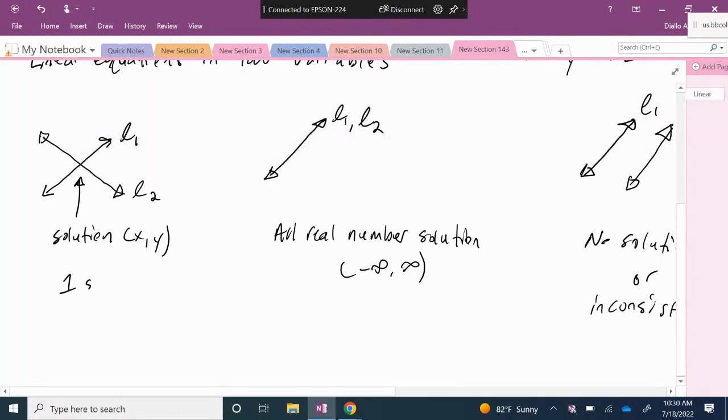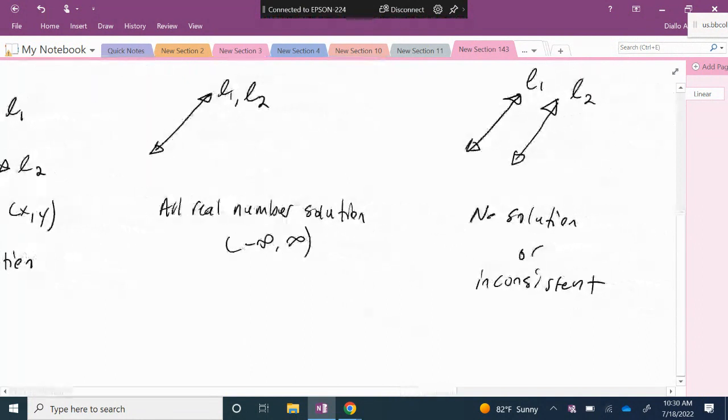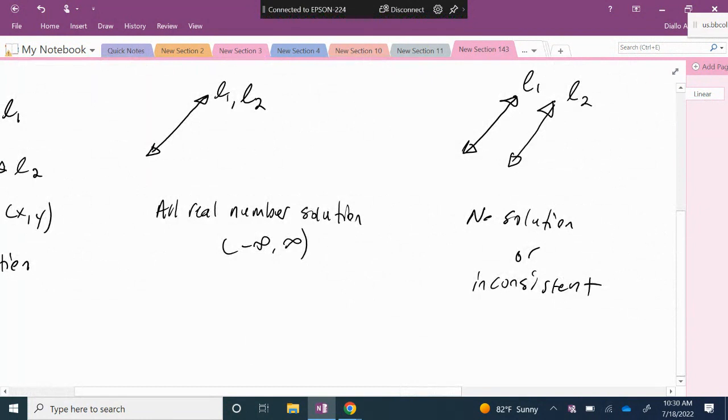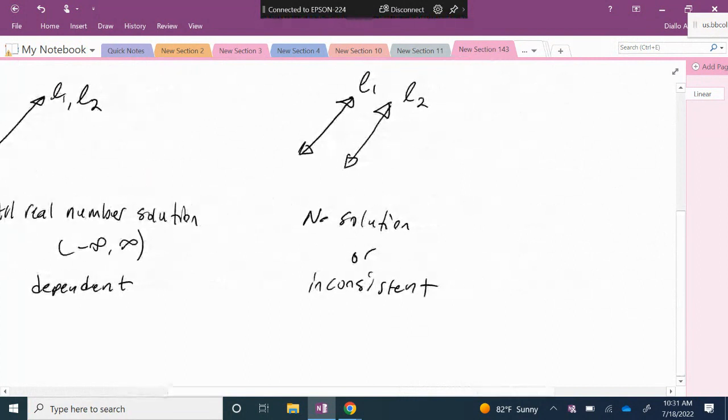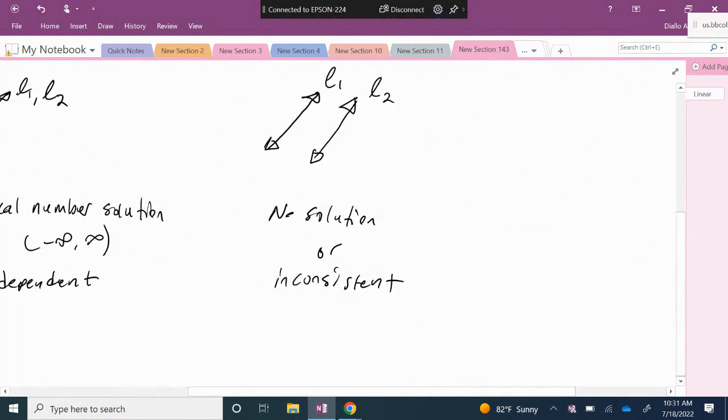That's going to be one solution, because there's only one ordered pair solution. For the second setup, if you graph one line and you graph the other line, and both of the lines are the same, that's the dependent. And if you graph both lines and they never intersect, that is the inconsistent.